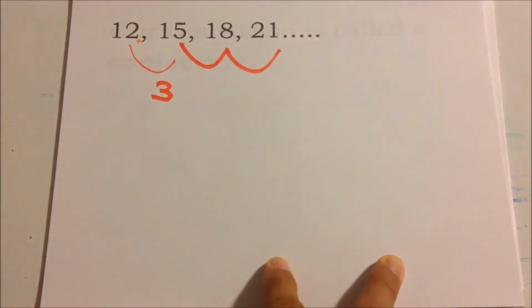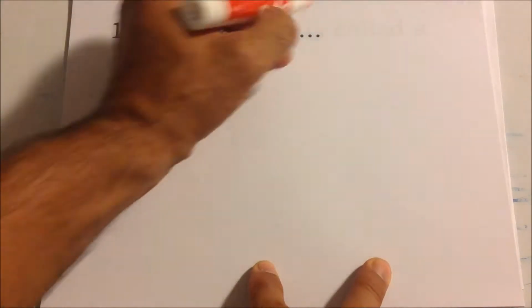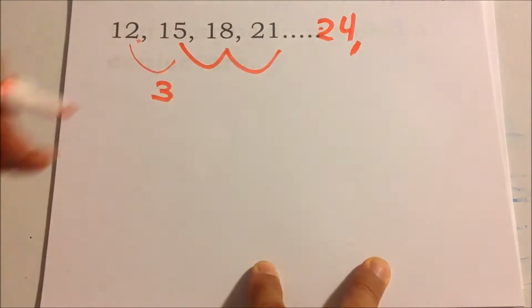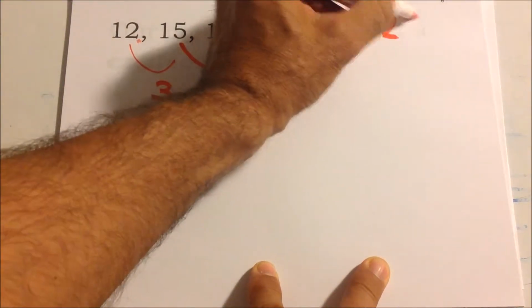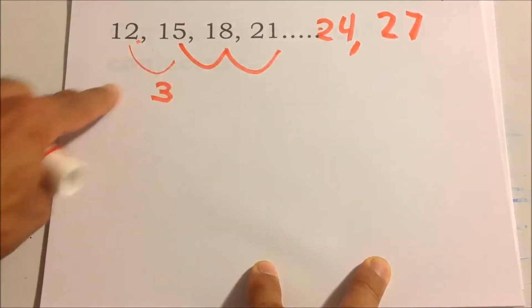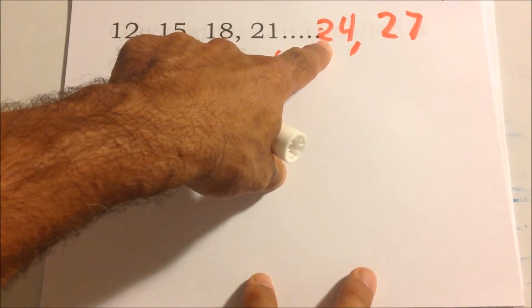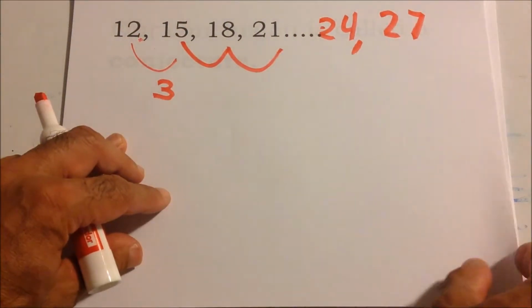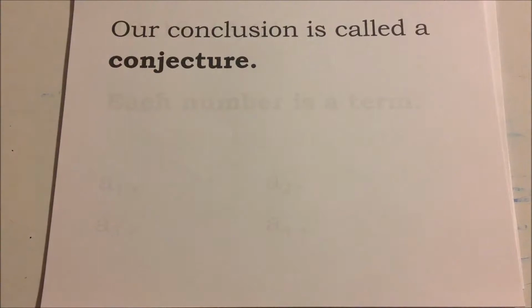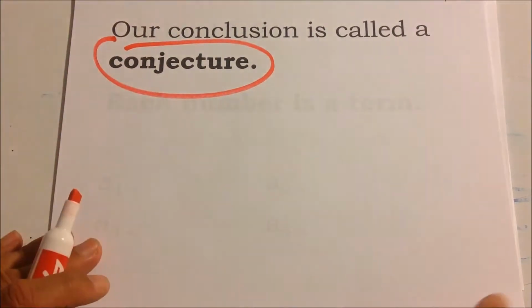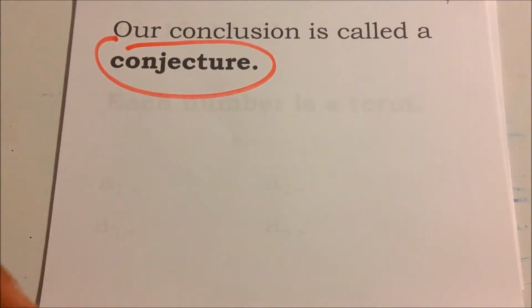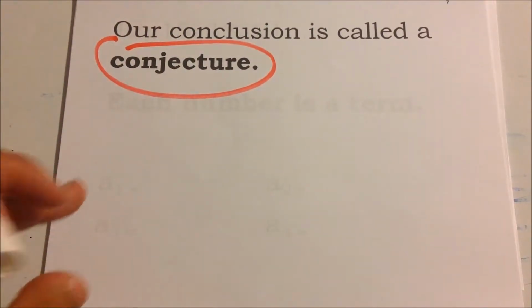So we're making a conjecture that the next number should be 24, and the next number after that should be 27, and so on. Our conclusion, or our answer, is called a conjecture. So far you should know what inductive reasoning and conjecture are.